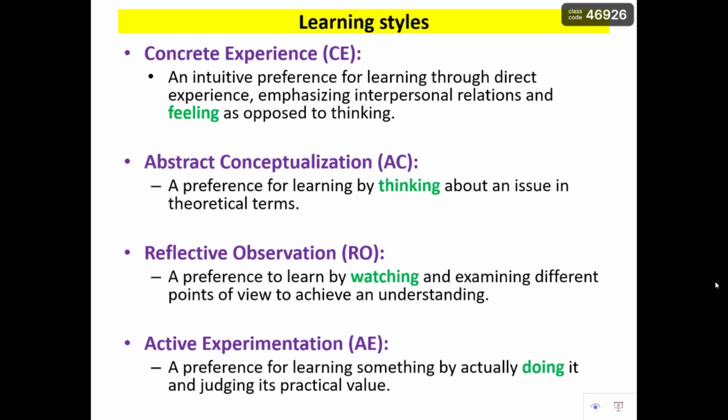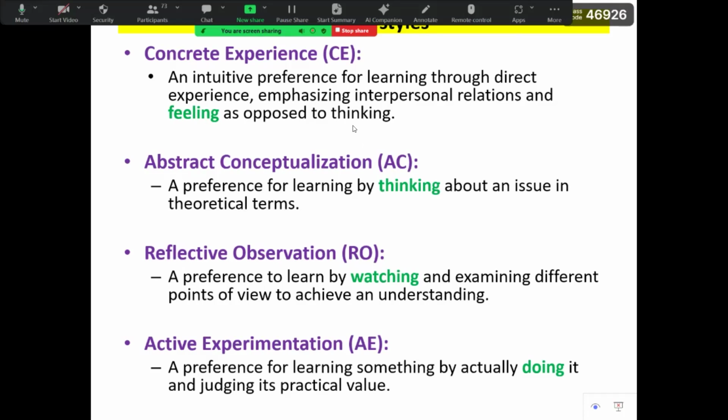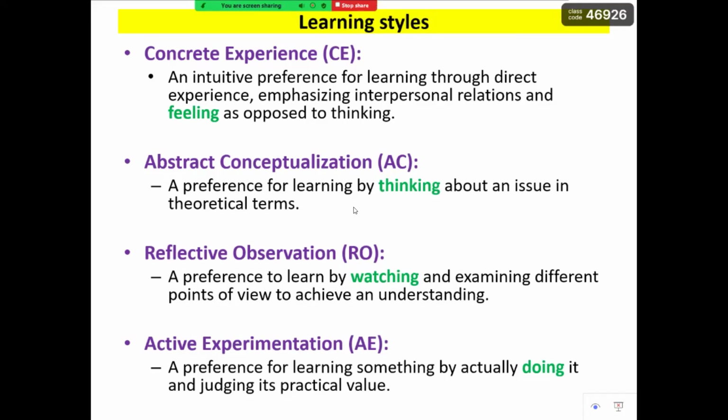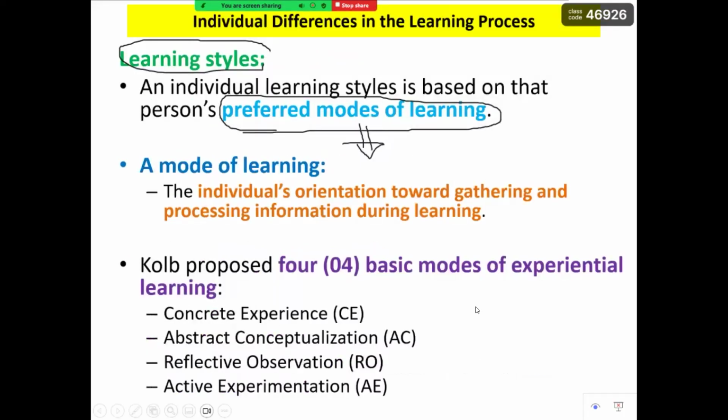That is active experimentation. So concrete experience, abstract conceptualization, reflective observation, and active experimentation, all these are the stages of the Kolb learning cycle, or experiential learning.